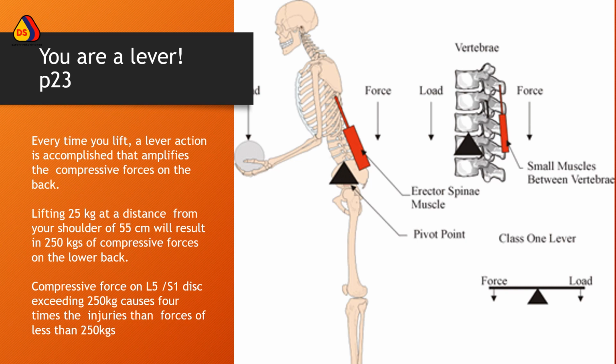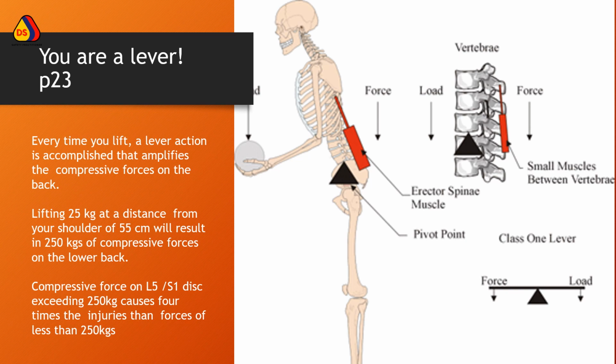Compressive force on the L5 S1 disc exceeding 250 kgs causes 4 times the injuries than forces of less than 250 kgs. This part of the statement emphasizes the critical importance of understanding the limits of the spine's load-bearing capacity. The L5 S1 disc is a specific region of the lower back that is particularly vulnerable to excessive compressive forces.